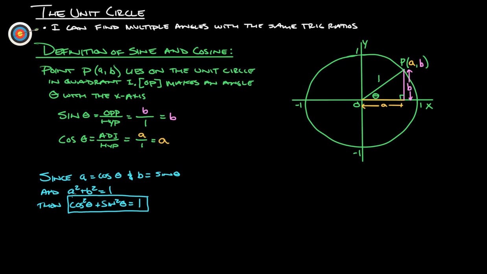Then, taking cosine theta in for a and sine theta in for b, we get cosine squared theta plus sine squared theta equals 1. This is one of our trig identities that we're going to talk about later on. So cosine squared plus sine squared equals 1.